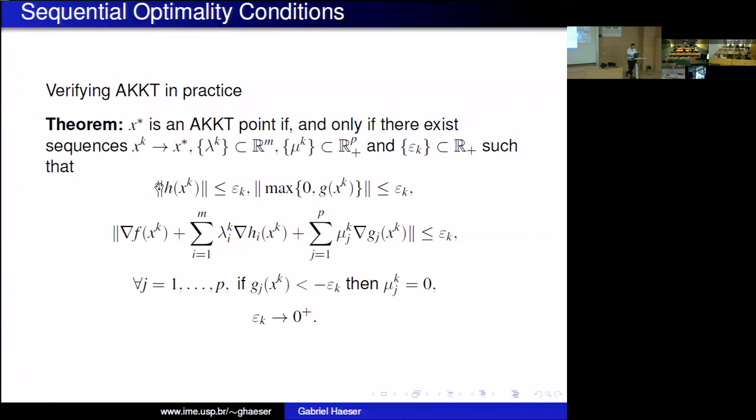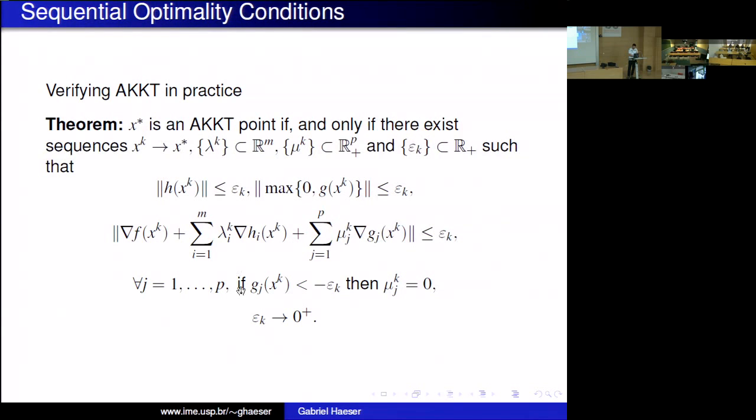So you check if your xk is sufficiently feasible, or close to the feasible set, by measuring something like this. You can use your approximation for the Lagrangian multipliers and plug it into the gradient of the Lagrangian. And here you can add every approximation that you get. Some of them will be 0, some of them will not be 0, and this should be smaller than epsilon k.